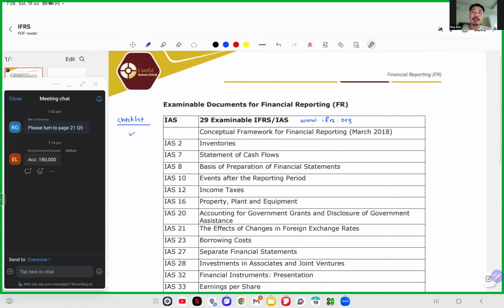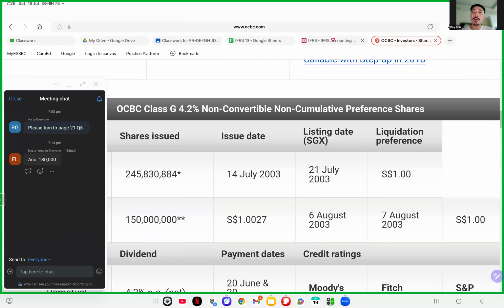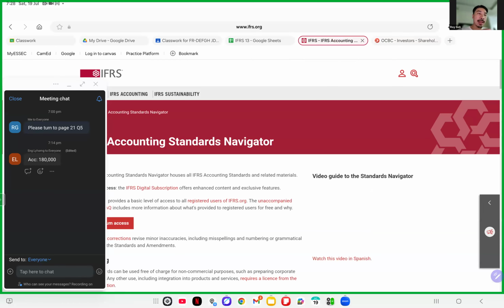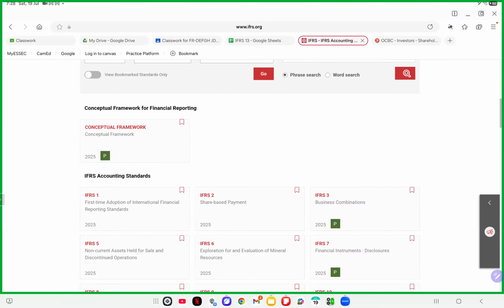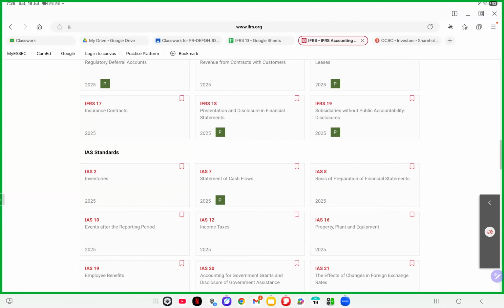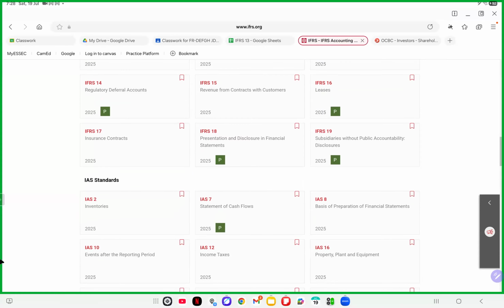On the IFRS organization, let me quickly show you. This is your IFRS, and then on your accounting standards, you have IFRS 18 on the screen. It is the youngest accounting standard.